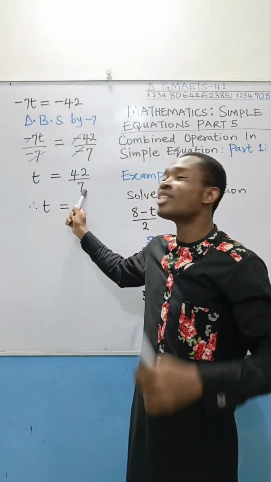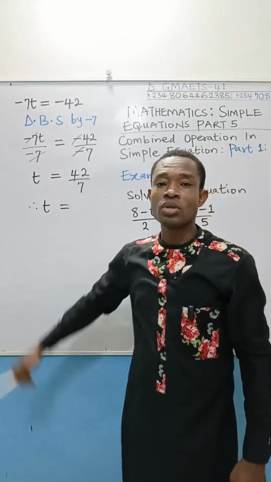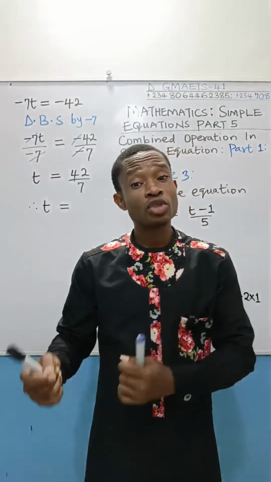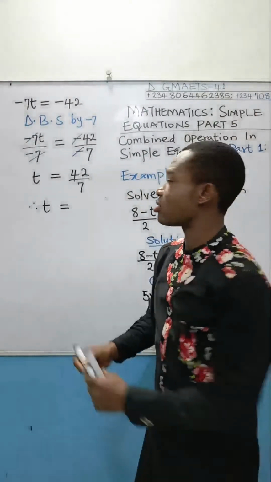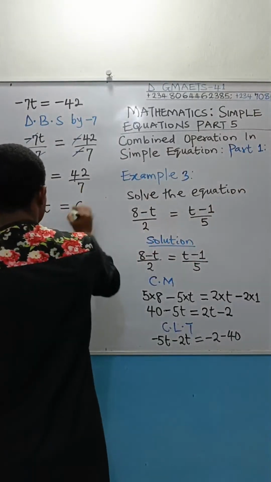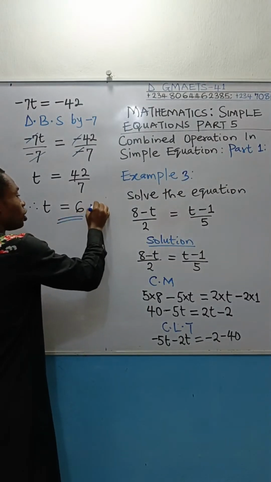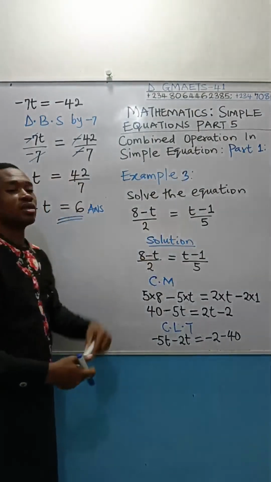Ask yourself, 7 times which number will give you 42? And you'll agree with me that 7 times 6 will give you 42. So 42 over 7 is equal to 6. And this is our answer. The solution to this equation, the value of t is 6.